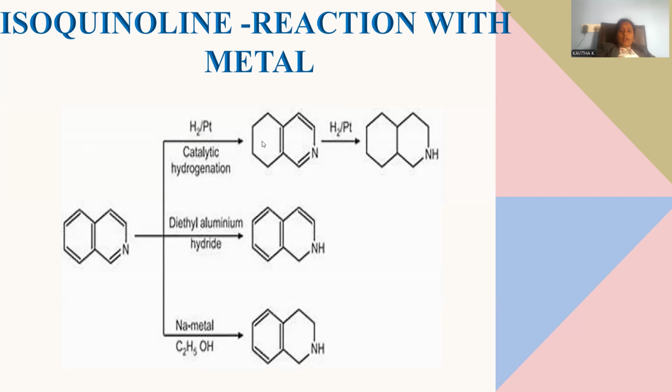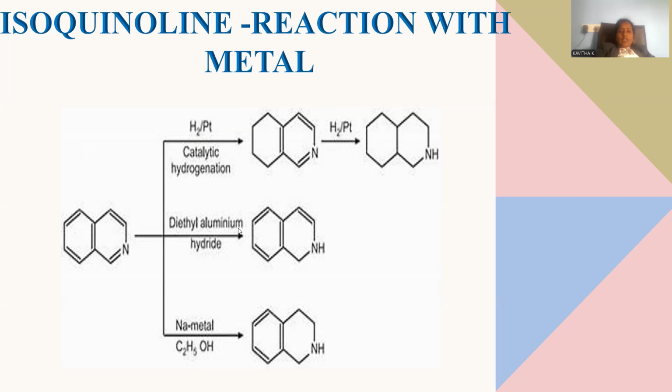Competing factors are there. The benzene ring is more susceptible to the reduction, so that here the benzene ring will be saturated. Later, you can go with a further excessive quantity of hydrogen with platinum to be operated continuously, so that the entire ring system will be saturated, giving rise to a totally saturated molecule. Complete reduction is a condition you can achieve.